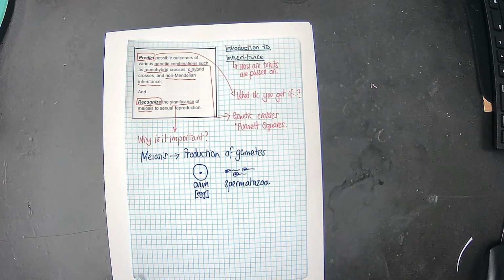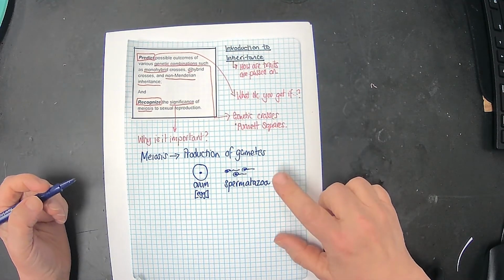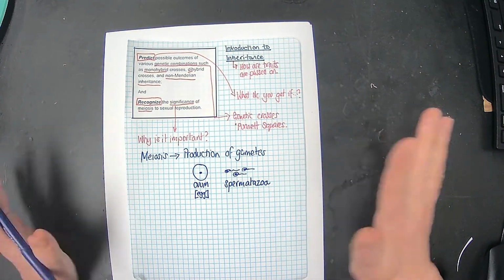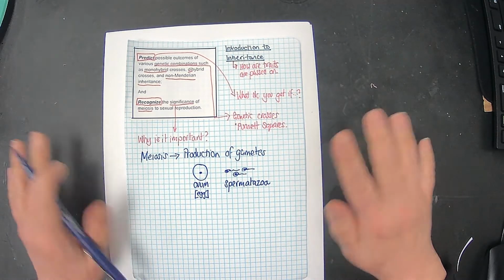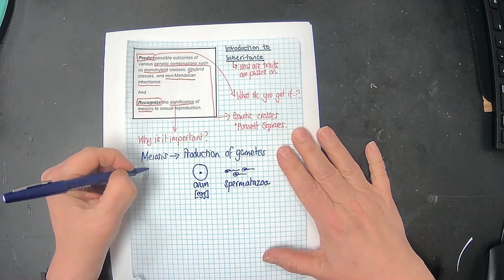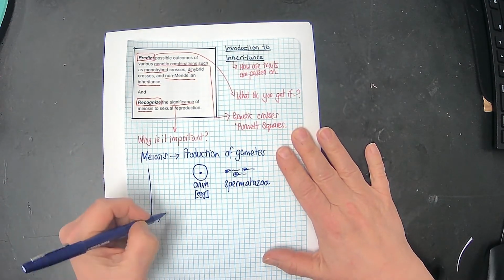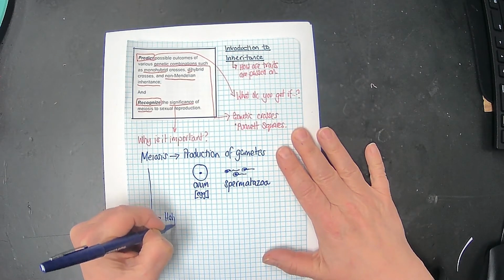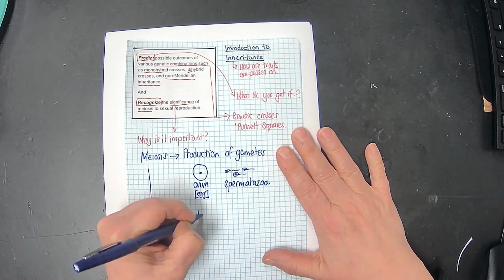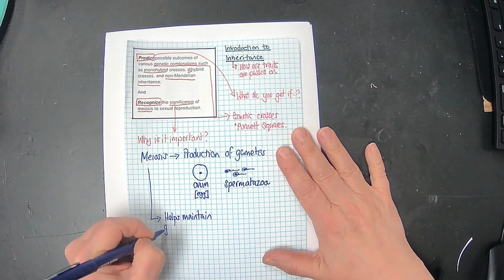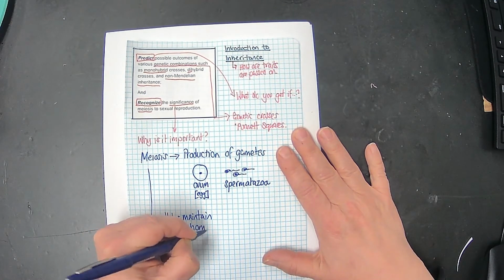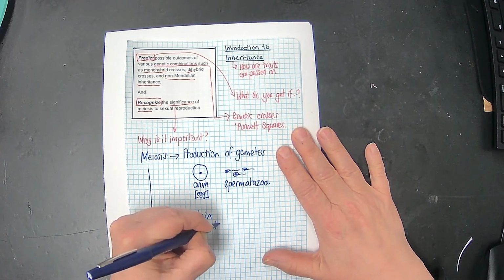Now that in itself is important, because meiosis produces sex cells, and without sex cells there is no next generation, there is no reproduction. But here's the other thing that's key about meiosis. It helps maintain genetic homeostasis.